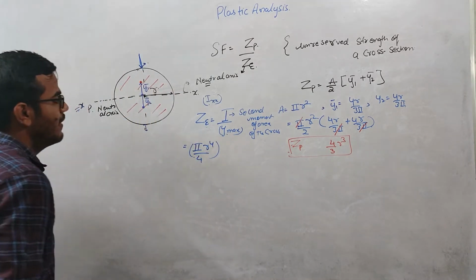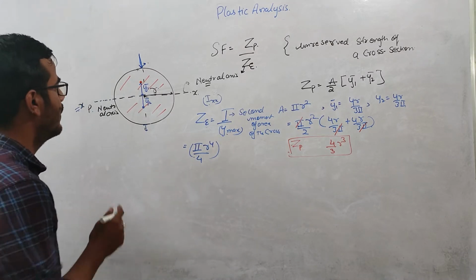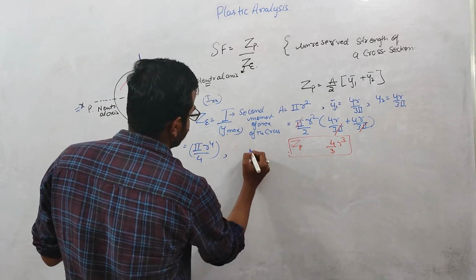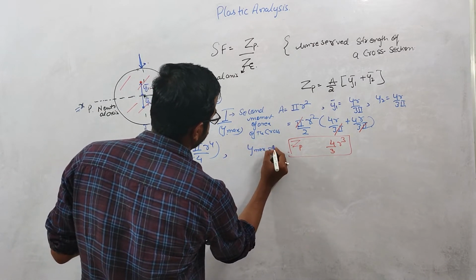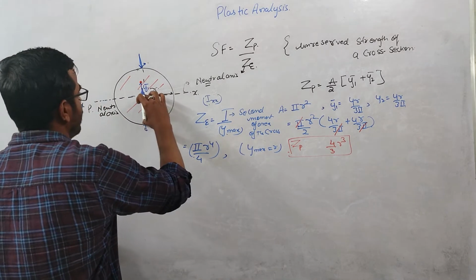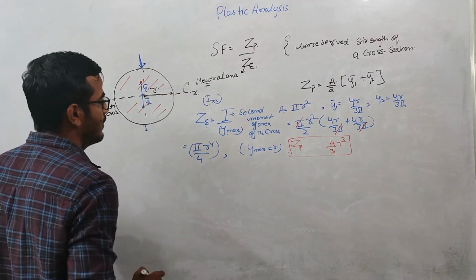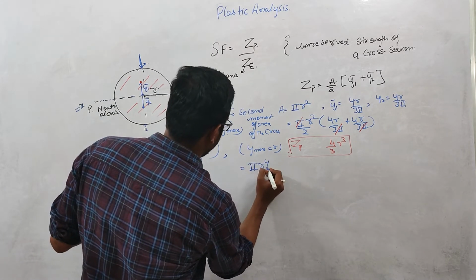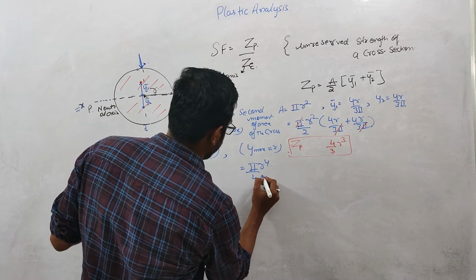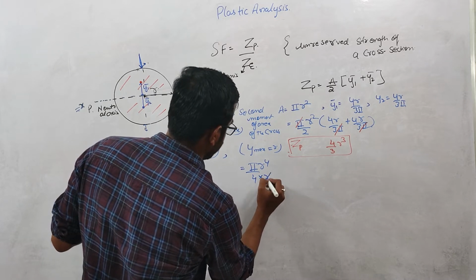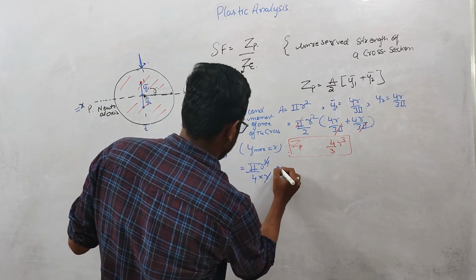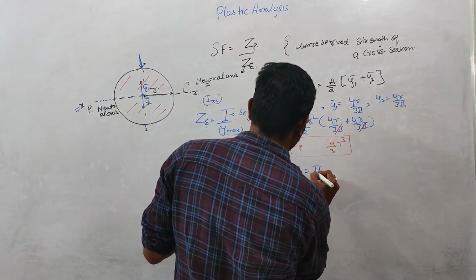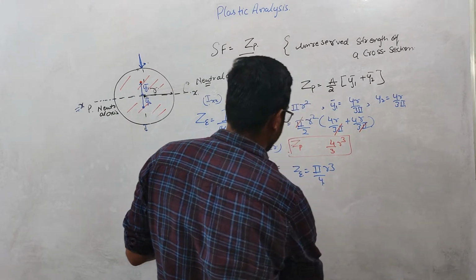This is the value of the second moment of area about the x-axis. And y max is the radius, since the extreme fiber is at a distance r from the neutral axis. So the value will be pi r4 over 4 into r, so the r cancels partly, and the ZE value will be pi r cube over 4.